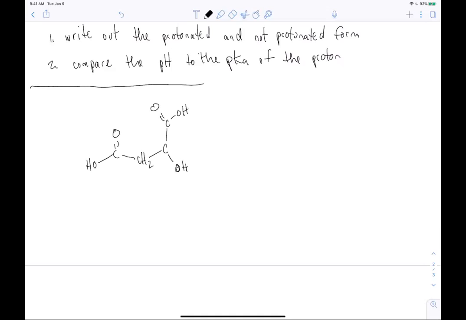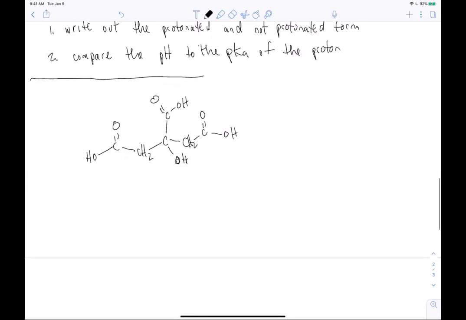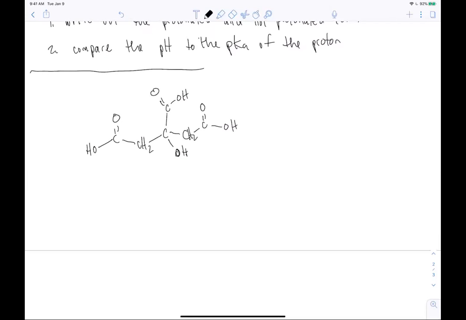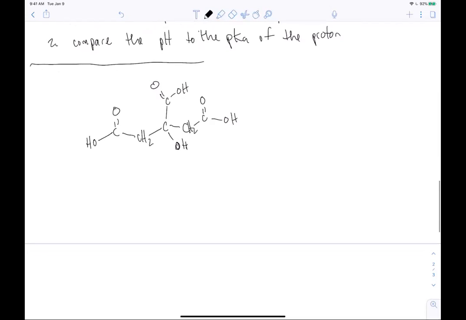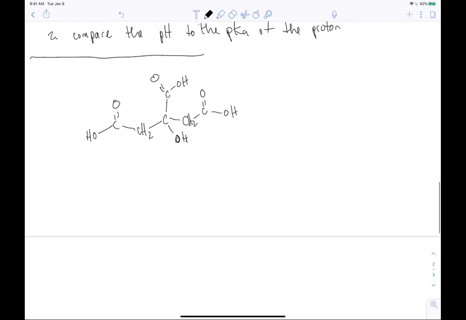But if you look at citric acid, which is a super common acid, it's in citrus fruits. But also, if you ever had a sour candy or something, that coating on the outside is typically citric acid. Tastes sour like most acids.